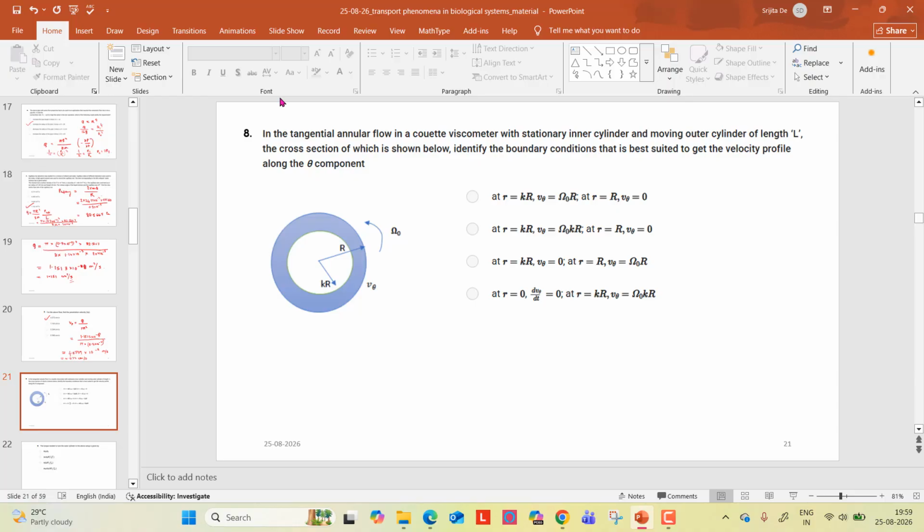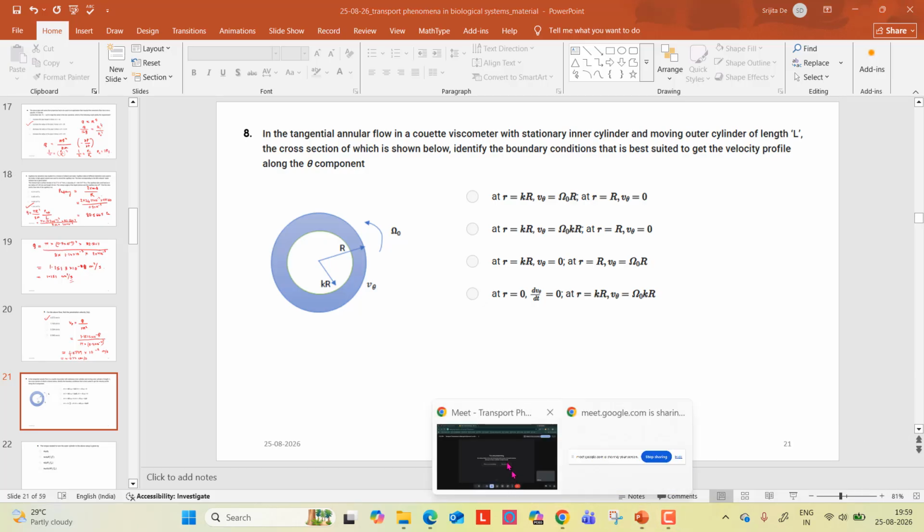Next, in the tangential annular flow in a Couette viscometer with a stationary inner cylinder and moving outer cylinder of length L, the cross section of which is shown below, identify the boundary condition that is best suited to get the velocity profile. Okay, so I think you can do this.